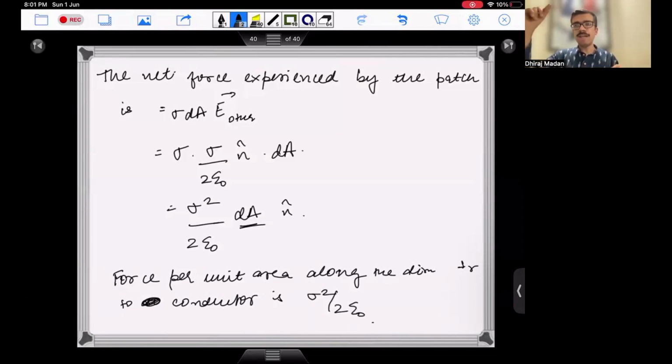So basically on every small patch, I am getting a force of sigma square over 2 epsilon naught dA along the direction away, perpendicular to the surface. And in every such patch, this is the net force per unit area, right? So this is essentially the electrostatic pressure.